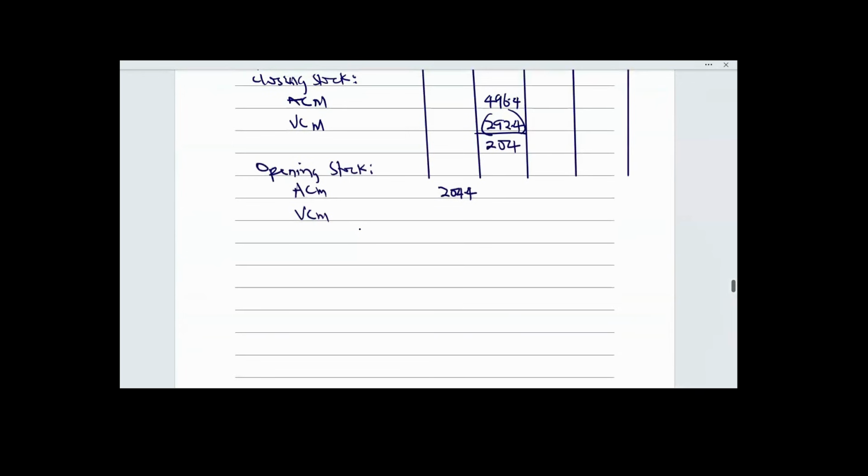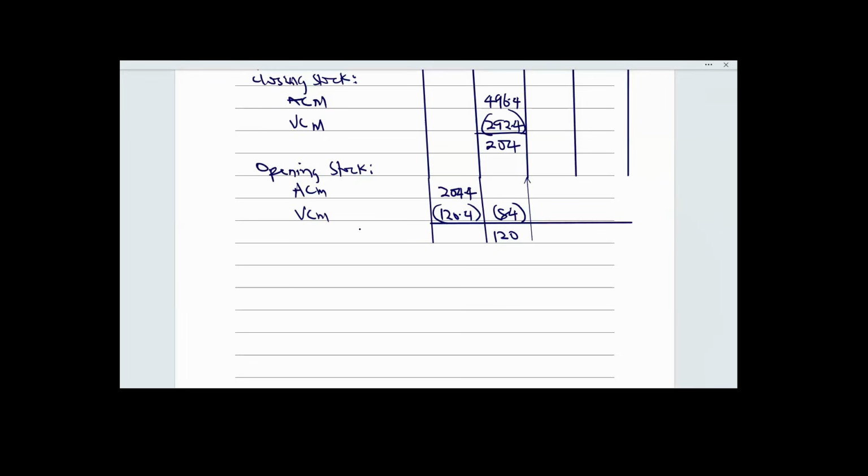Then under the variable costing method, 120.4. What's the difference? 84. 204 minus 84 will give us 120,000.